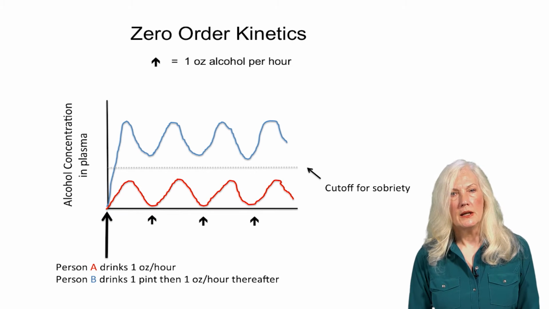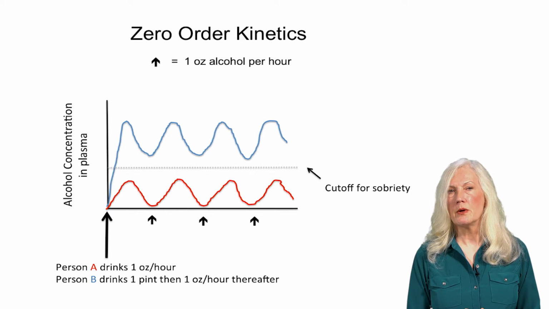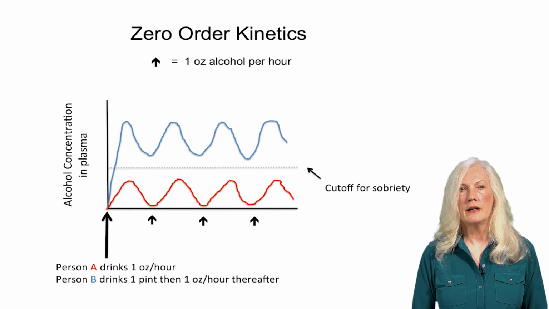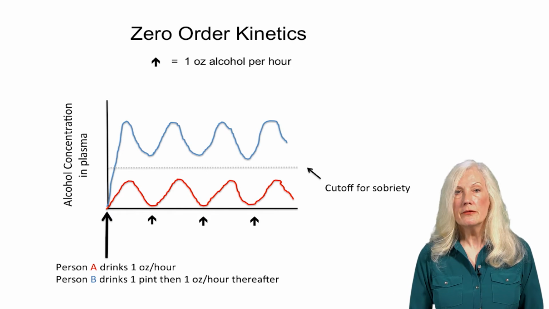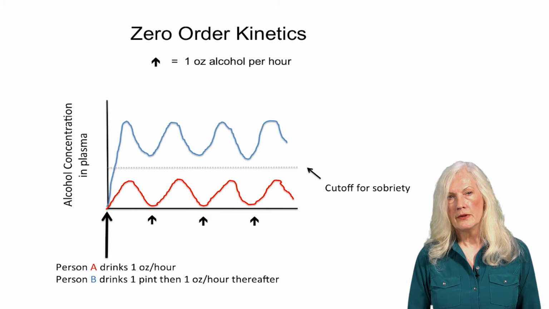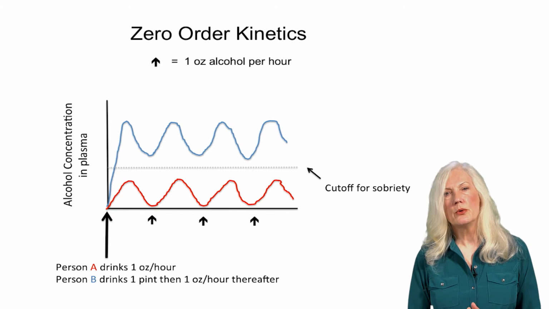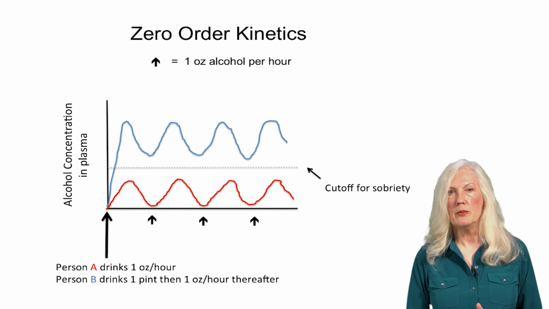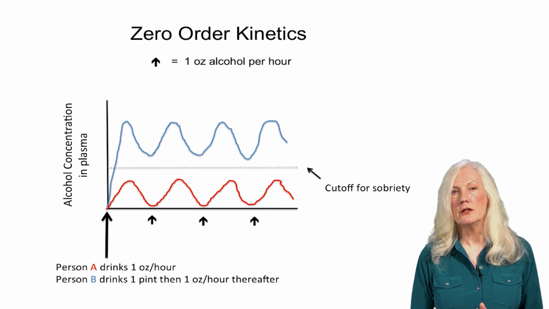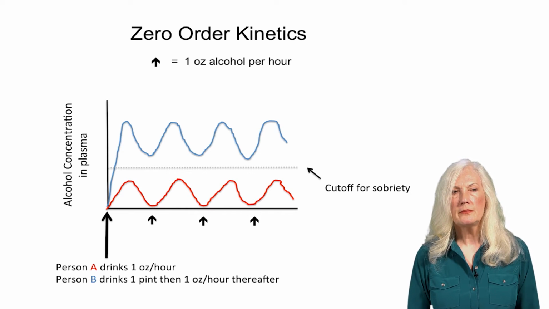However, person B achieved a higher plasma concentration initially and could never quite recover from that, in that the metabolism never eliminated more than the hourly ingestion of liquor. So their plasma concentration remains well above that producing inebriation, while person A remains sober no matter how many additional shots are drunk.